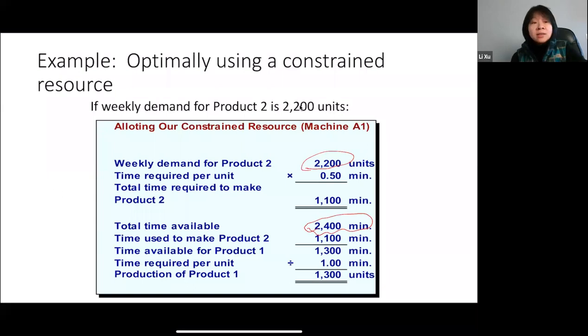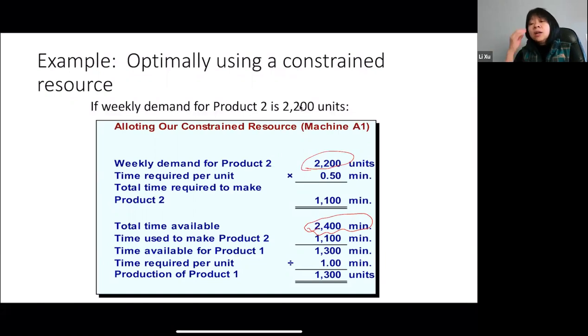So you only have 1,300 minutes left, which you can use to produce product 1. Okay, so here you only produce 1,300 units, which is below the demand for product 1. But that's okay because we have limited resources. We cannot meet all the demand. Therefore, we look at 2 products and we choose the one with the highest contribution margin per constrained resource.